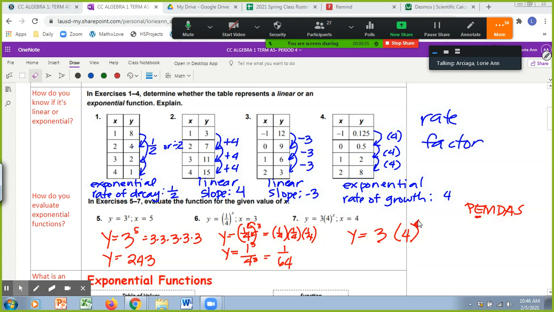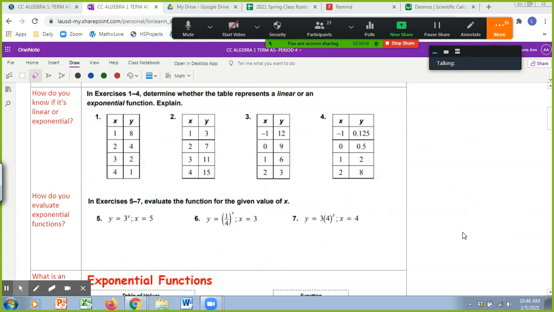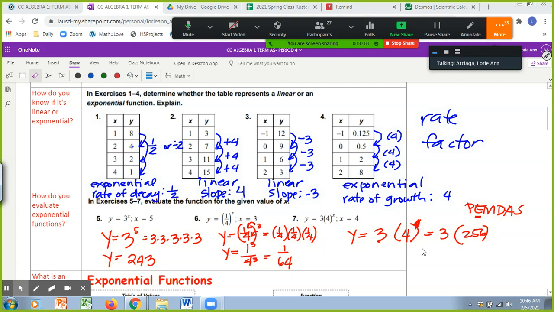So let's do 4 to the 4th power first. That will become 3 times, can you help me out? What is 4 to the 4th power? 4 times 4, 16, times 4, 64, times 4 is 256. Very good. And that's the only time you can multiply the 3 to the 256.